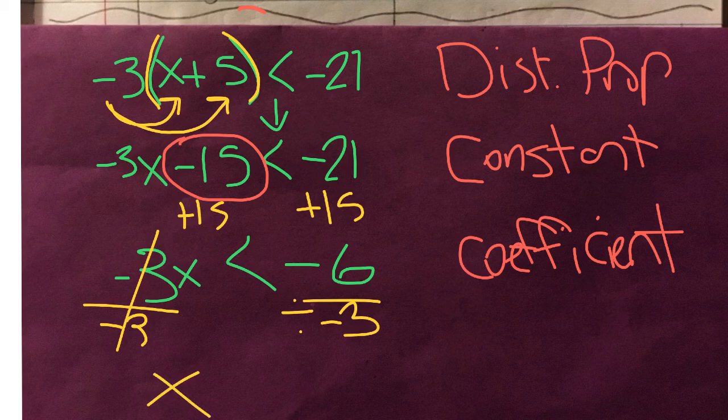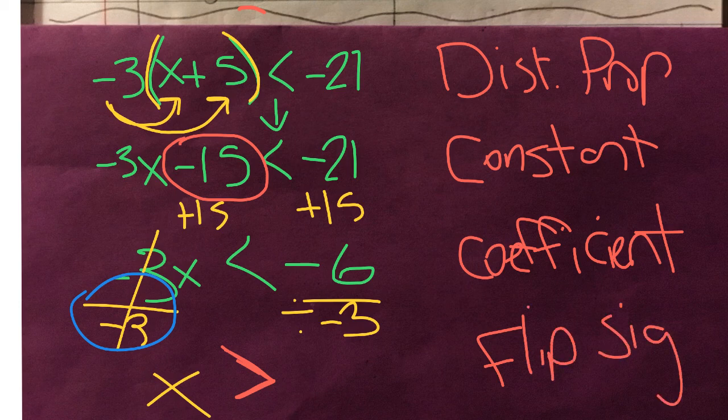I divided by a negative, friends, right here. If I divide by a negative, that means that what happens to my sign? I have to flip my sign. Flip sign because we divided by a negative. Now, negative 6 divided by negative 3 gets me a positive 2.